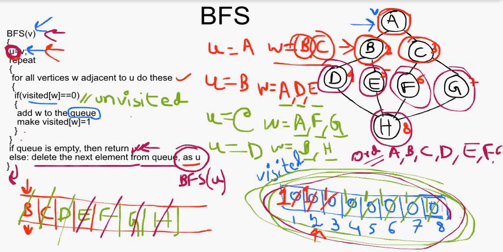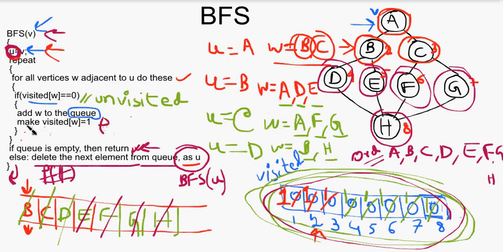Now for this visiting order, you can print this visiting order somewhere here, like you can put a printf and print what is being deleted, right? Or you can just print it here. It's better to print it here, I guess, because you're visiting it, right?